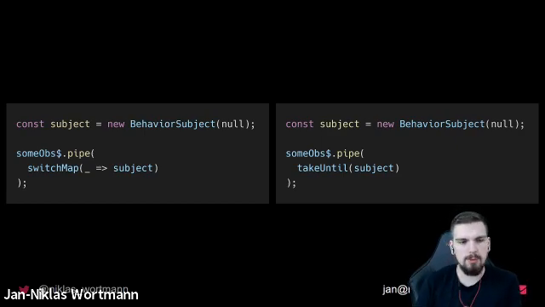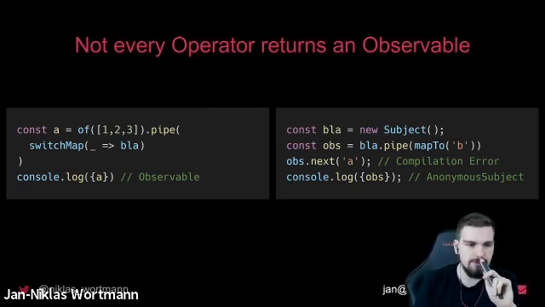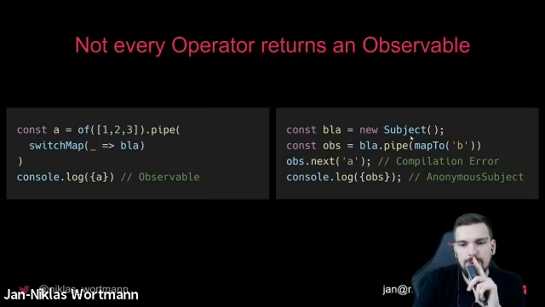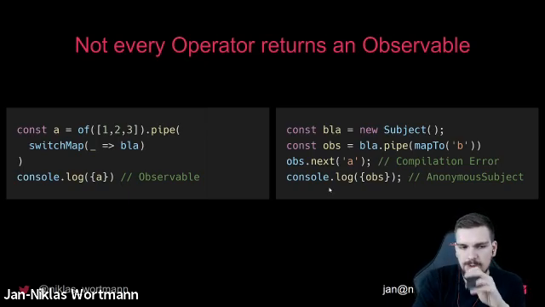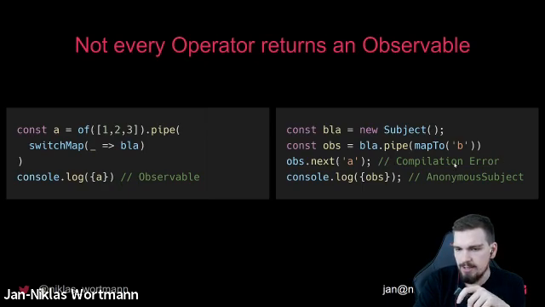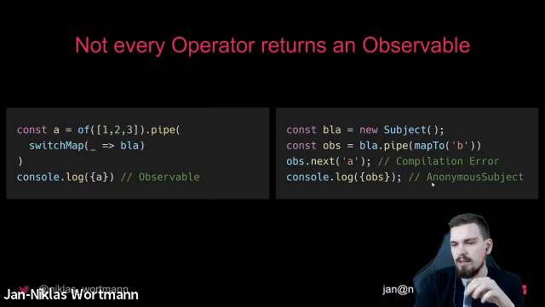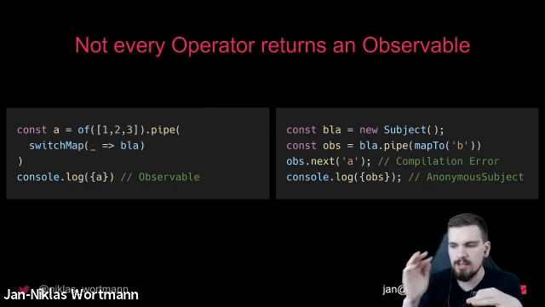This is completely working. The problem is that not every operator returns an observable, apparently. So if we apply operators to a subject, even though the typings will say you get an observable, so you can't call next on it, I promise you, it's still at runtime a subject. To be precise, it's an anonymous subject, which is like an internal base class below subject.